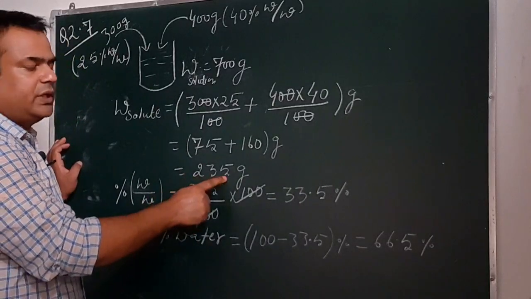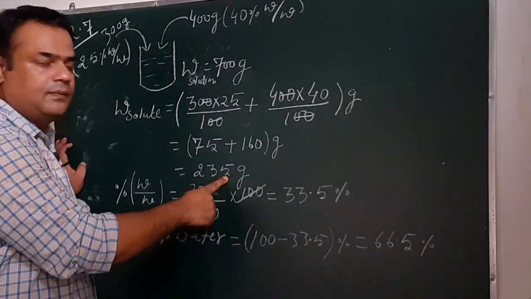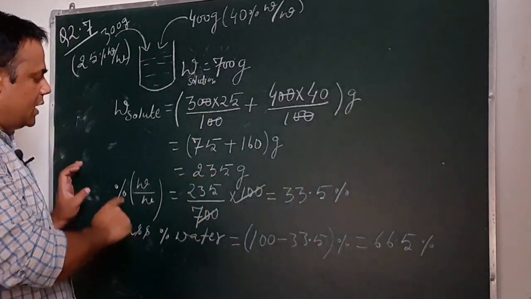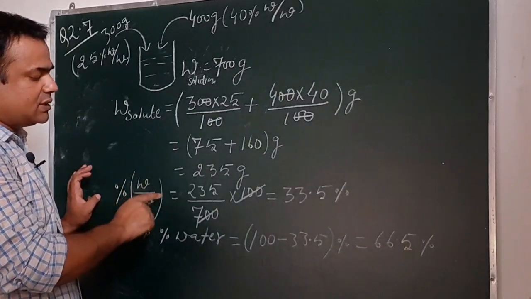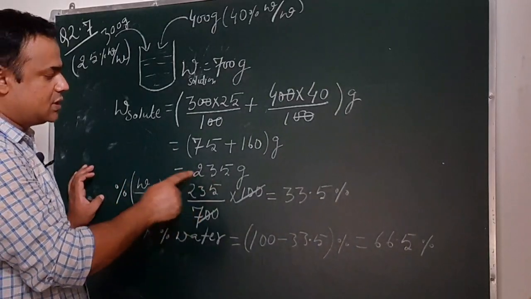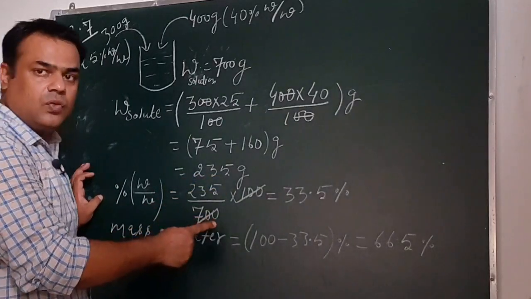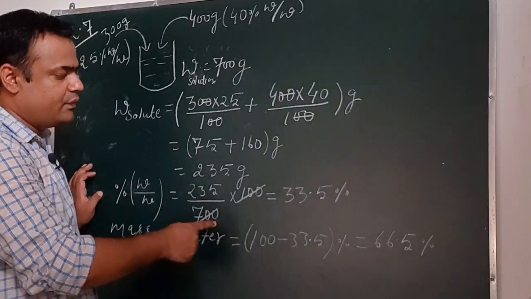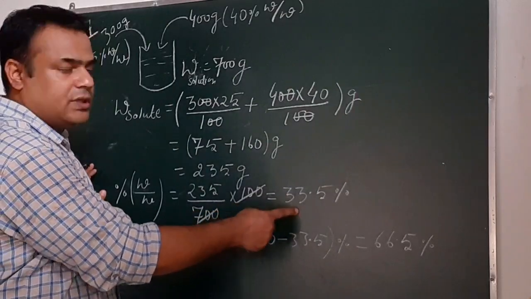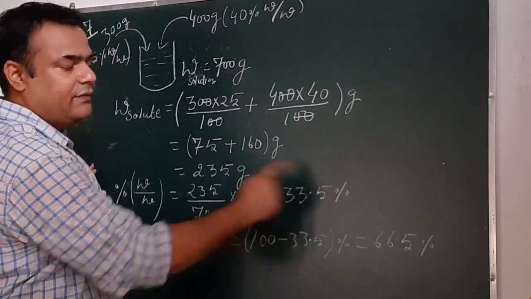This comes out to be 235 gram. Now to calculate the percentage mass by mass, we take the total mass of solute, that is 235 gram, divided by the total mass of solution, 700 gram. If we divide, we get a strength of 33.5%.